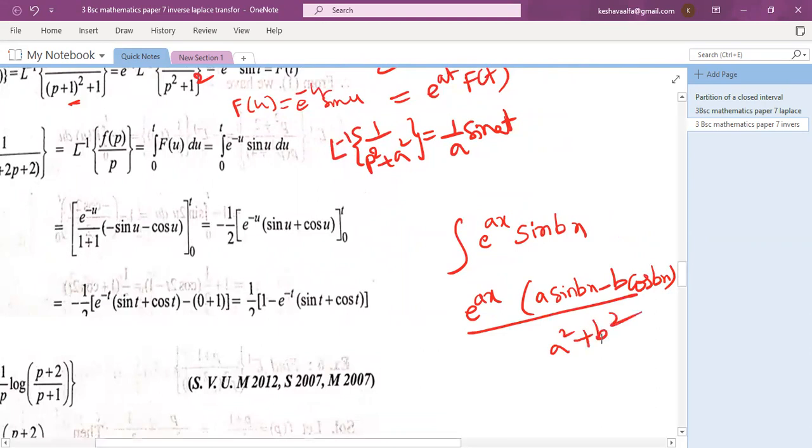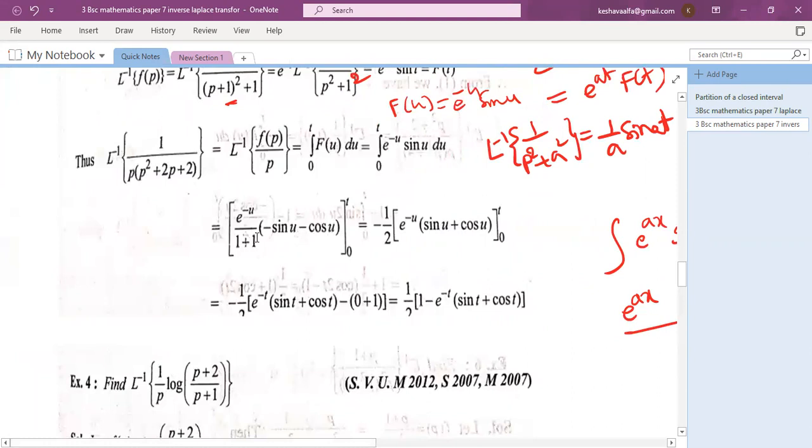Using this formula, we can easily integrate.